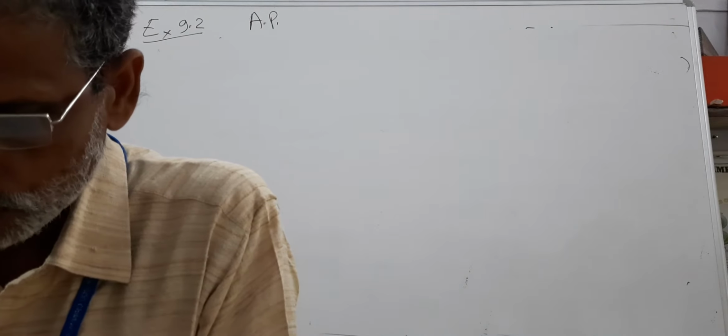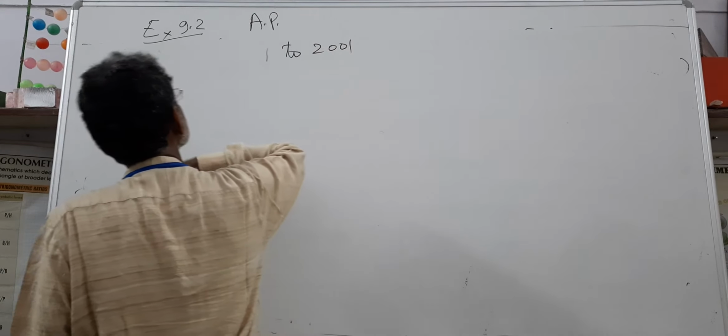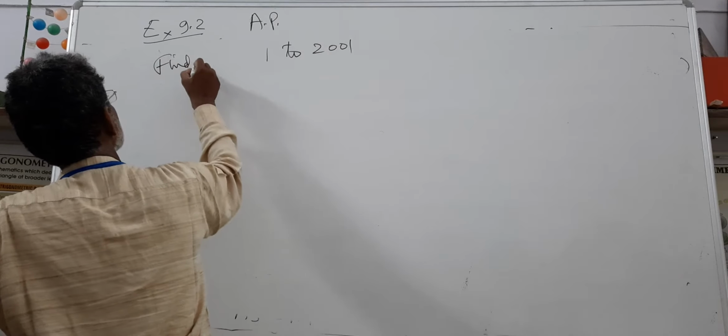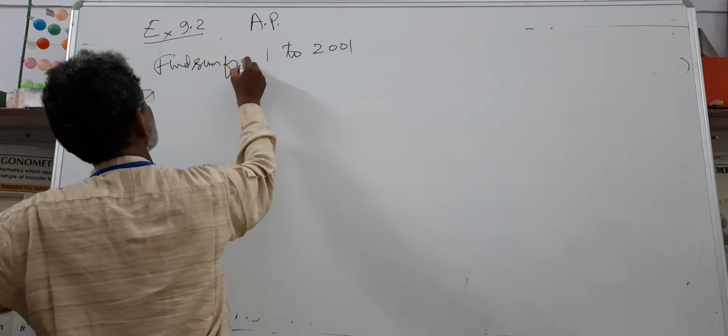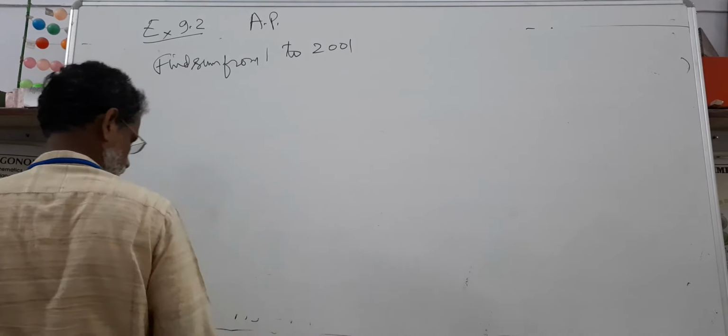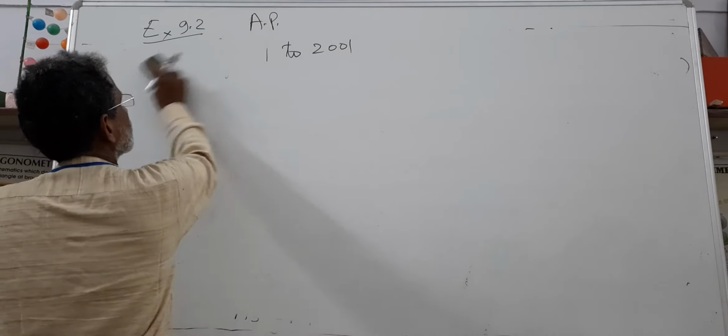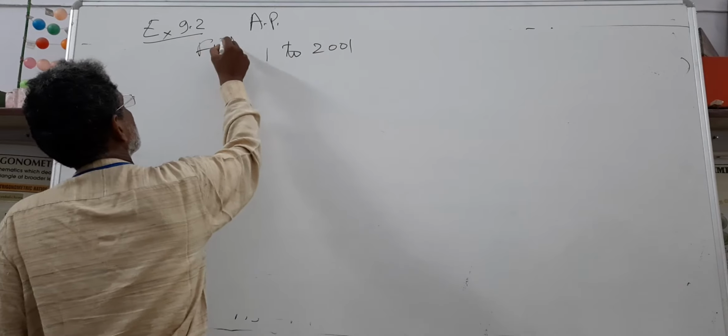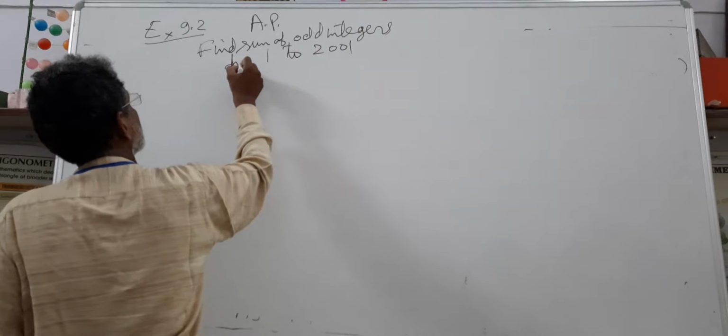Find sum of odd integers from 1 to 2001. This is your question.